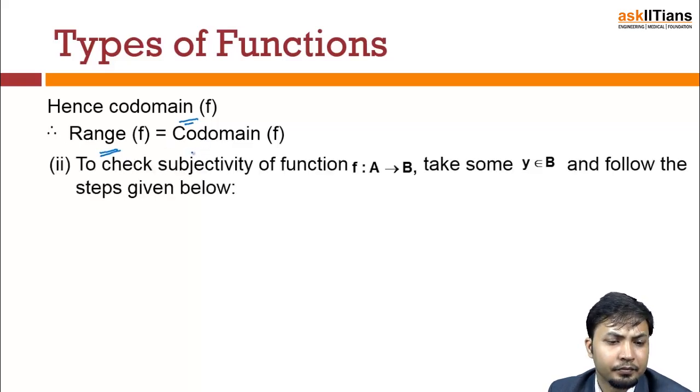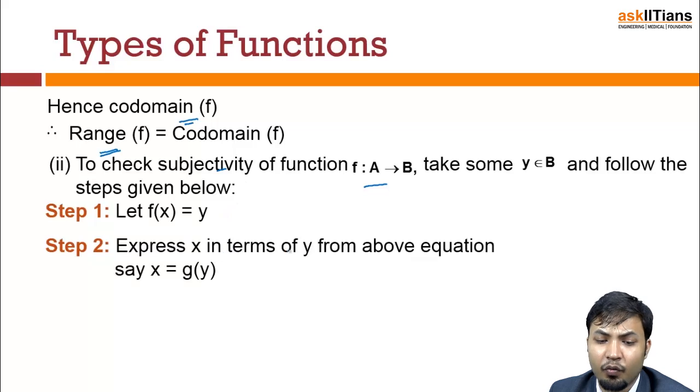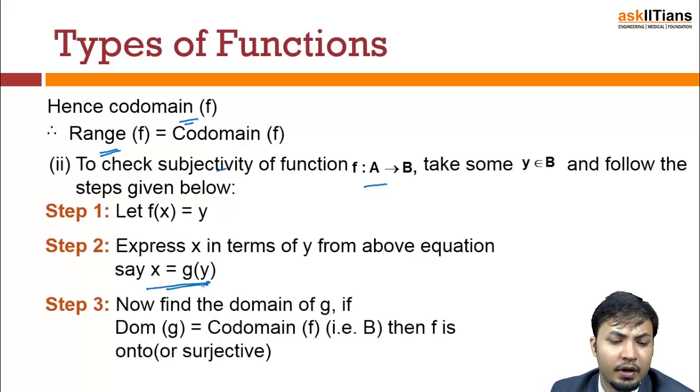Now, to check surjectivity for a function, take some element of B and then follow the steps given. First, let the function be y, and express x in terms of y from the given expression. Now first of all find the domain of g, the given function that you have.